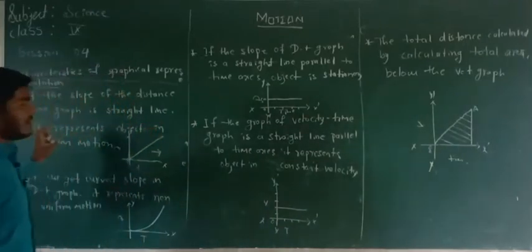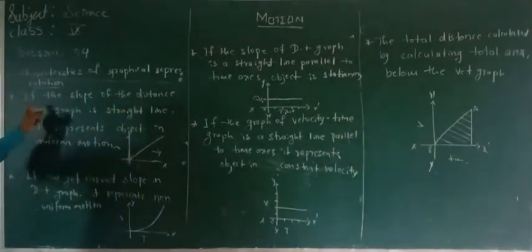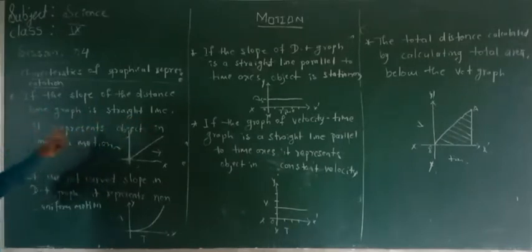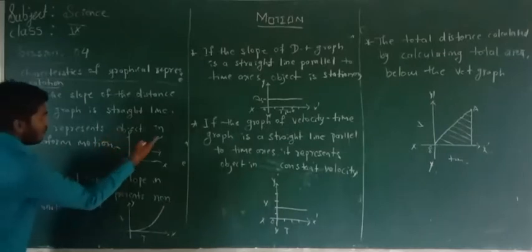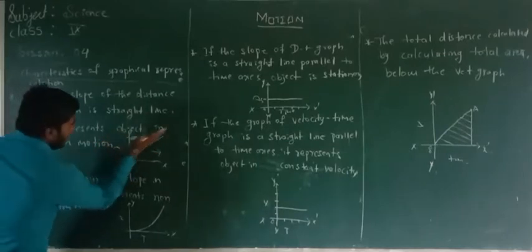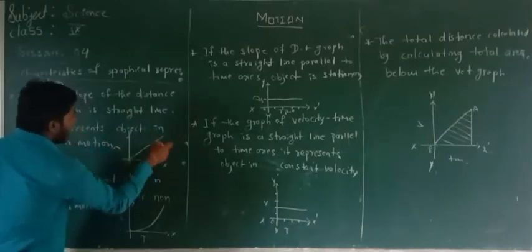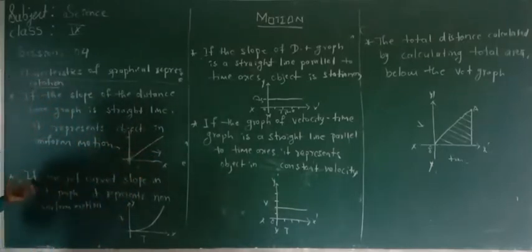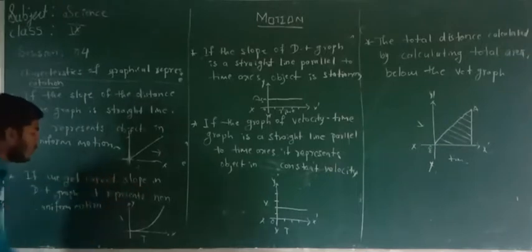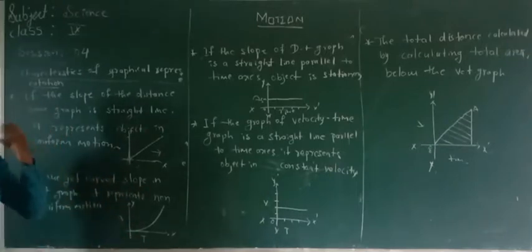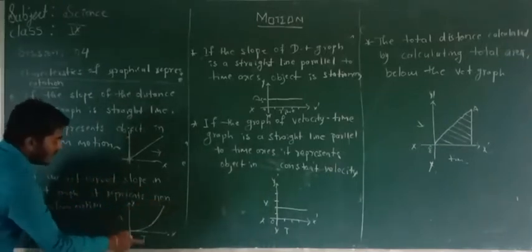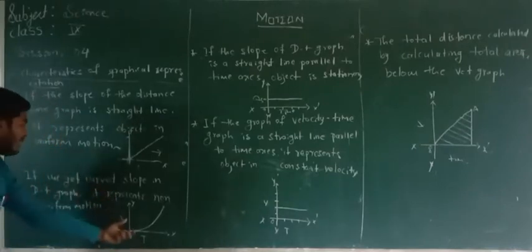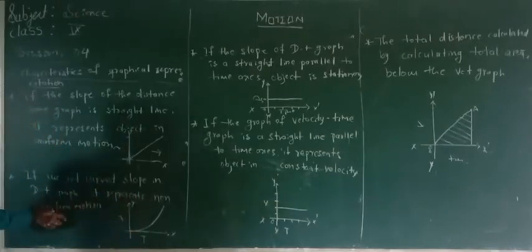Once again I am repeating here. If the distance-time graph is a straight line, it represents an object in uniform motion. If we get a curved slope in a distance-time graph, this graph represents non-uniform motion.